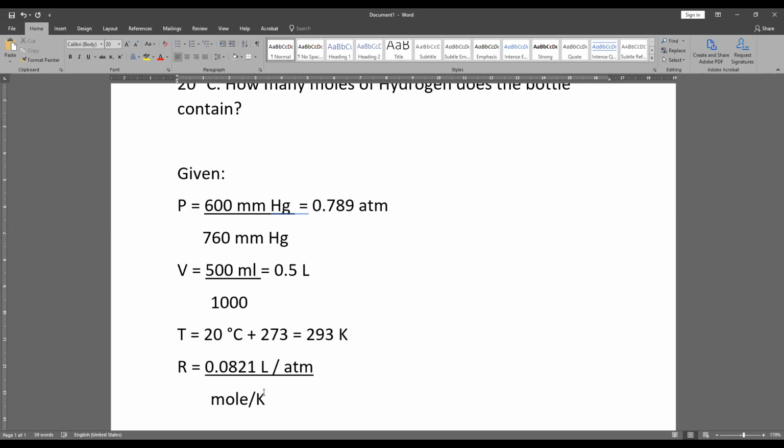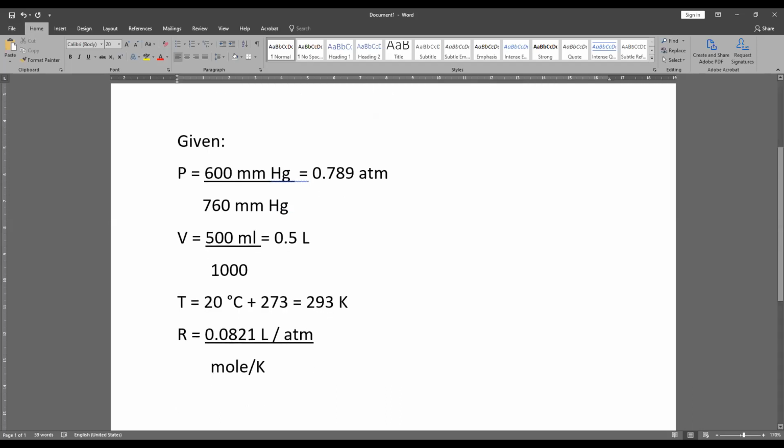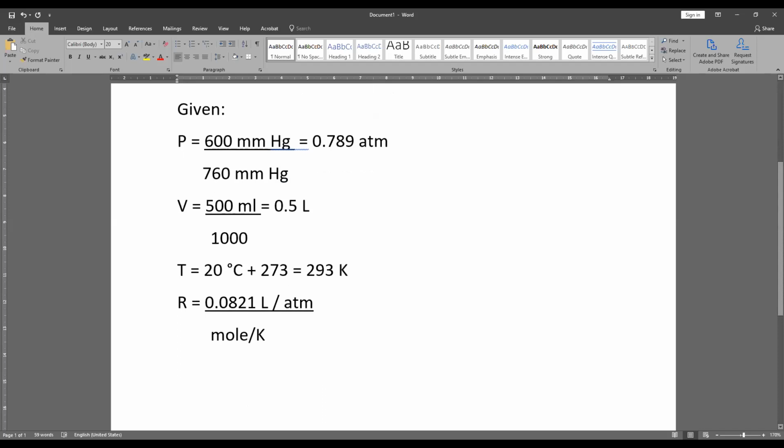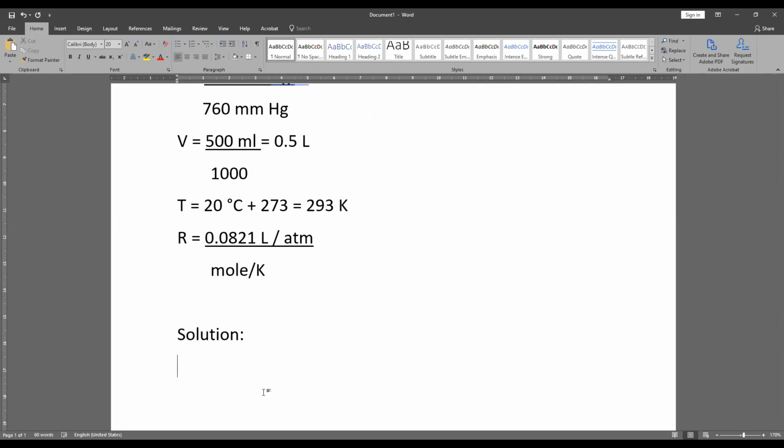Grade 10? Yes. Okay. We can now substitute, following the solution. Following the formula, PV is equal to nRT. Since the problem is asking about the n, what should we do next?